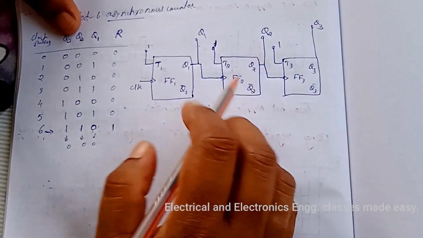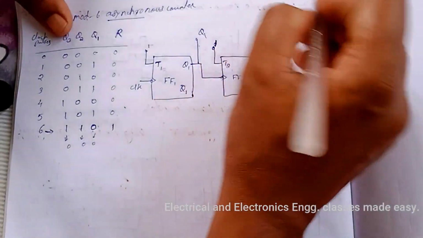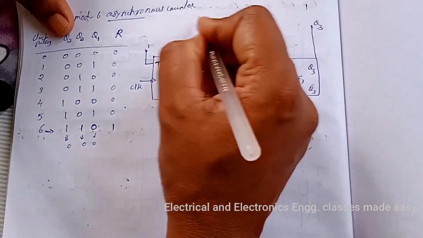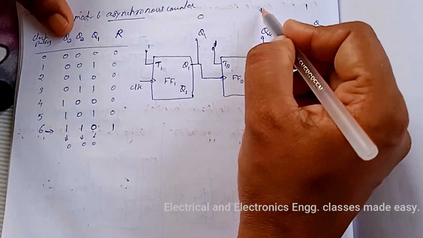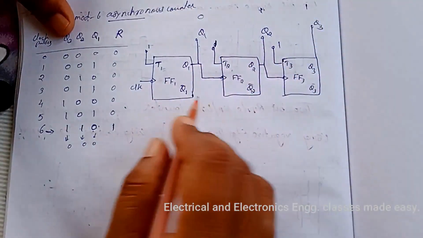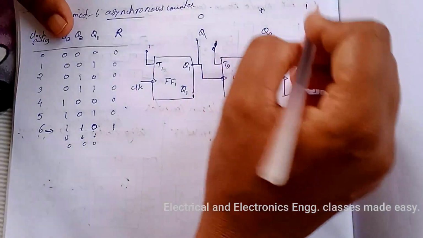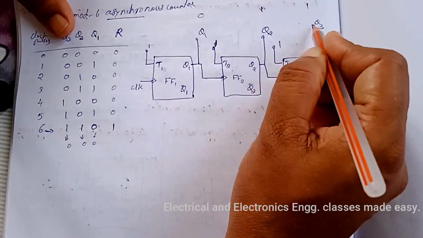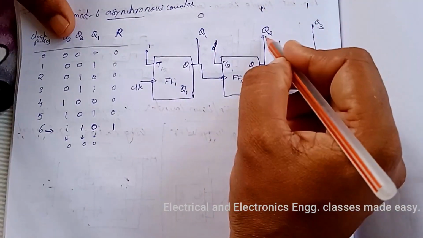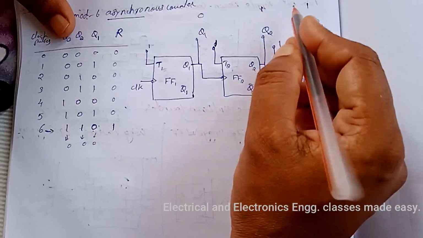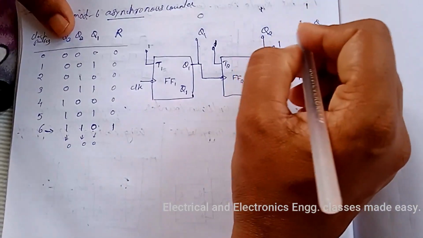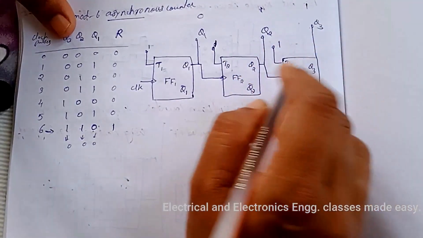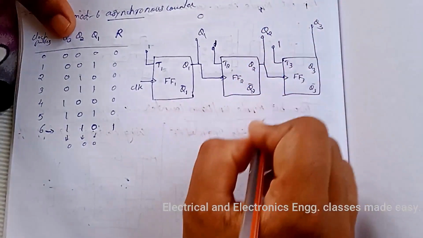are the outputs. So when 110, that is when the sixth pulse comes, we have to reset the flip-flops. That is, when the output is 110, that is this 1, 1, we have to reset. So here we should use a NAND gate.